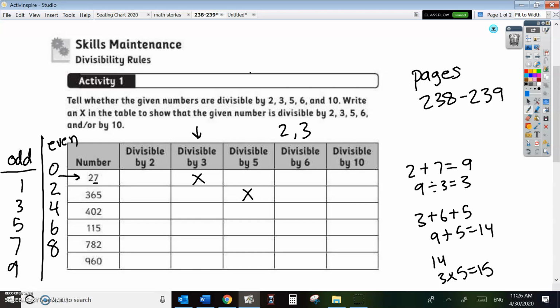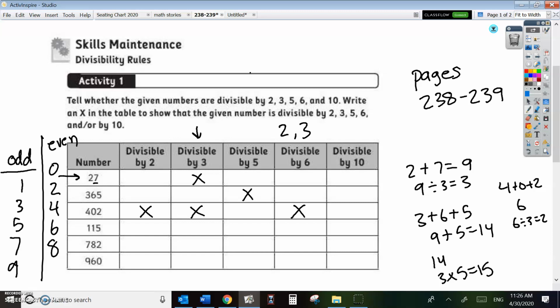It doesn't end in 0. Next, 402. This is an even number, so it's divisible by 2. Is it divisible by 3? 4 plus 0 plus 2 is 6, and 6 divided by 3 equals 2, so yes. So we know right away that it's also divisible by 6.